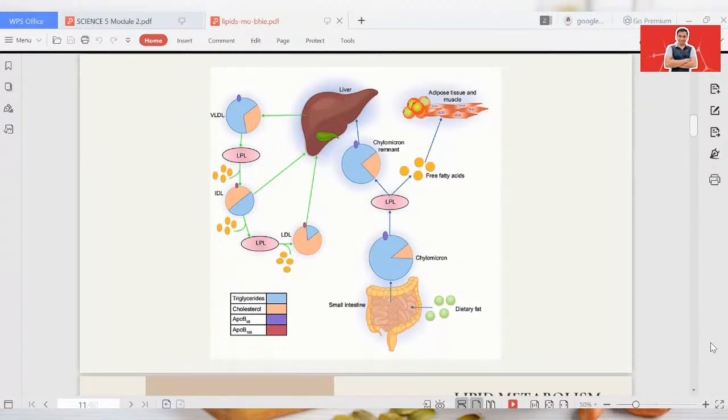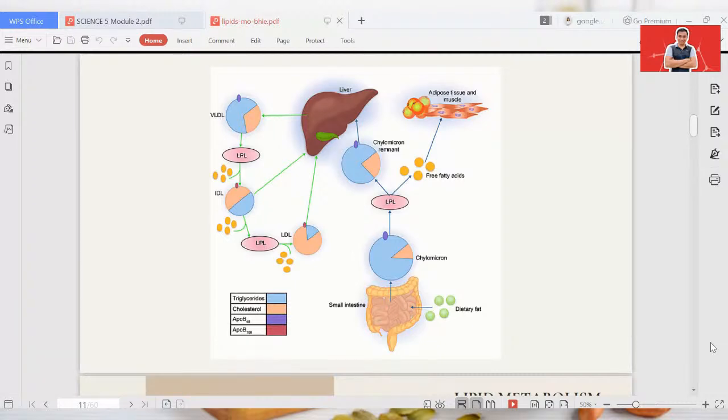So before I proceed to the lipid metabolism, let me just give you a brief background on how lipoproteins such as VLDL, HDL, chylomicrons, and LDL contribute to the lipid metabolism process. Yung chylomicrons natin, these are large lipid transport vessels that carry dietary triglycerides, which are the main oils in our body, throughout the circulatory system to the cells, and ang final destination niya is sa liver as chylomicron remnant.